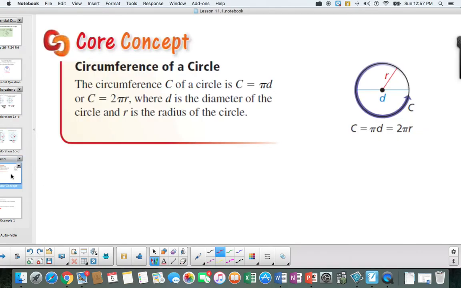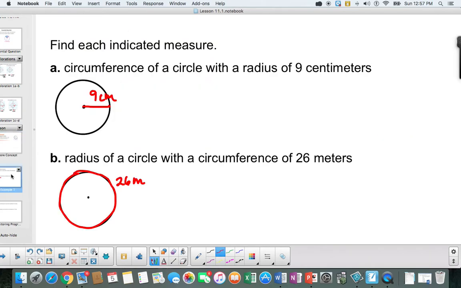So what I've been using is the circumference formula, C equals pi d or C equals 2 pi r. All right, let's go ahead and do a problem. I want to find the circumference of a circle with radius 9 centimeters. So I write out the formula, C equals pi d, and then I write pi, and I know my diameter is 18.